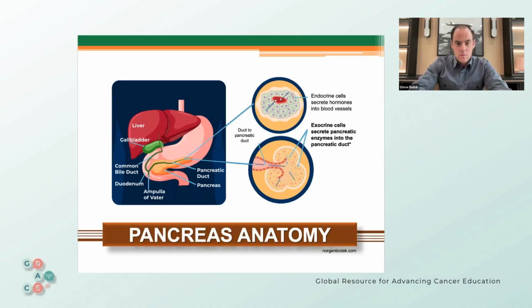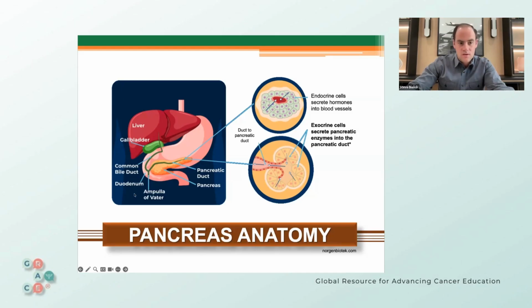There are endocrine cells, which are the cells that secrete or release hormones into the bloodstream. And then there are exocrine cells. The names are a little bit scientific and sometimes hard to pronounce, but what these exocrine cells do is they secrete or release these pancreatic enzymes into what we call the pancreatic duct. The pancreatic duct leads into the small intestine.